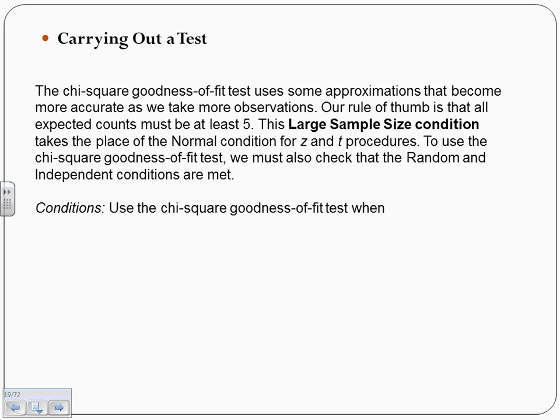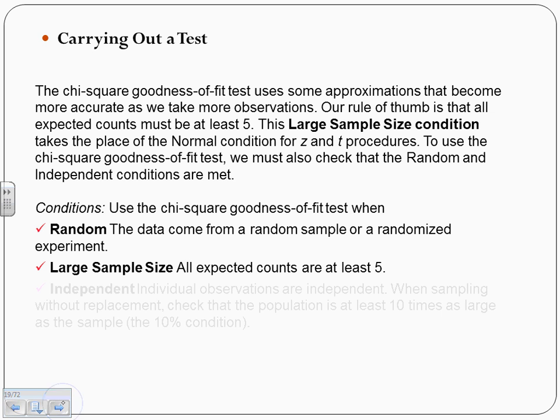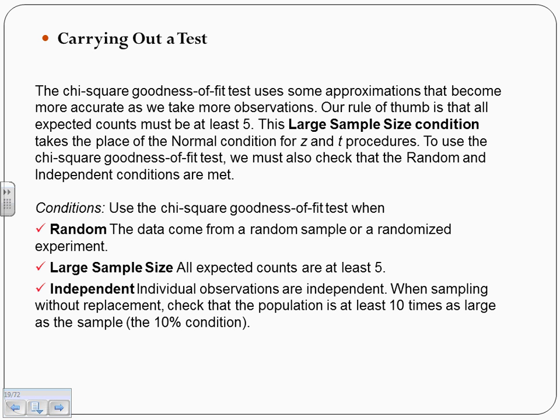So carrying out the whole test, we've got to put it all together now. Make sure that you check your conditions: random, your expected counts, that you have 20% at least 5, and all at least 1.